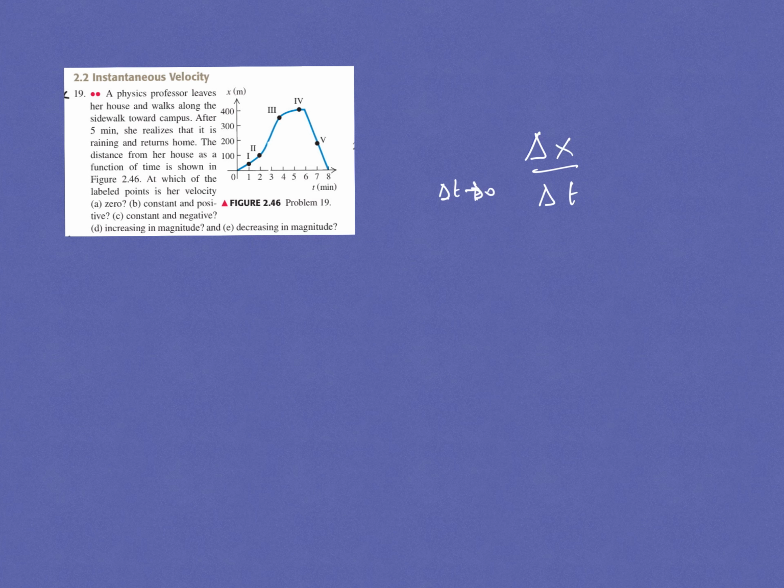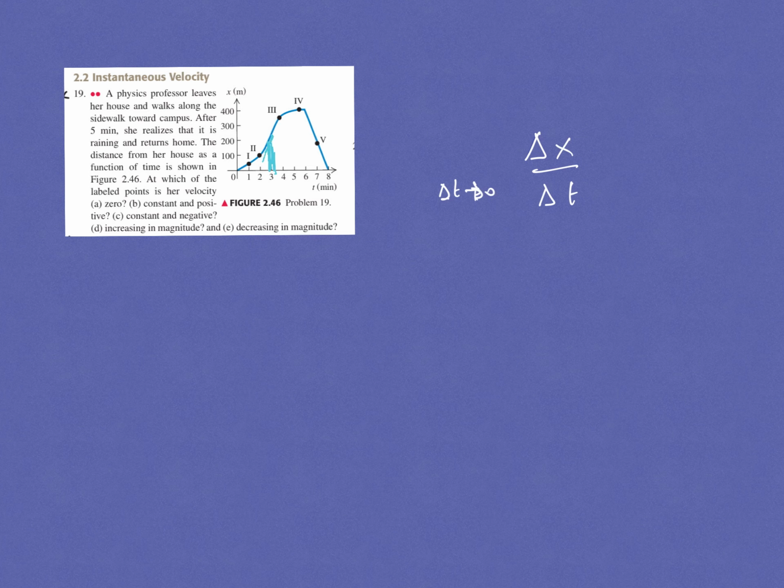This change in delta t is very, very small, between two times that are very next to each other. So in this graph, the velocity is always the slope.